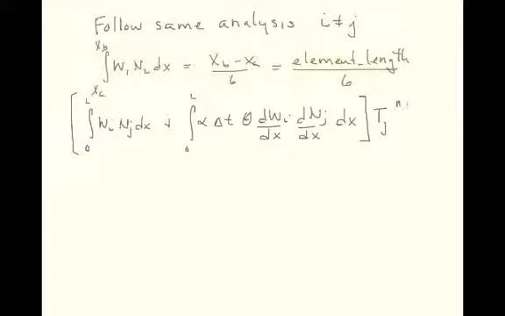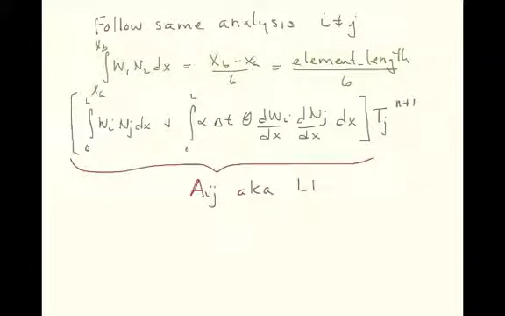All of this was the matrix coefficient for T_j at n plus 1. This was our A_ij, but it's also known as the left-hand side, and you can use either name in the code. In fact, you can use any name you want. It's often referred to as A_ij because people think of matrix problems as Ax equals b.